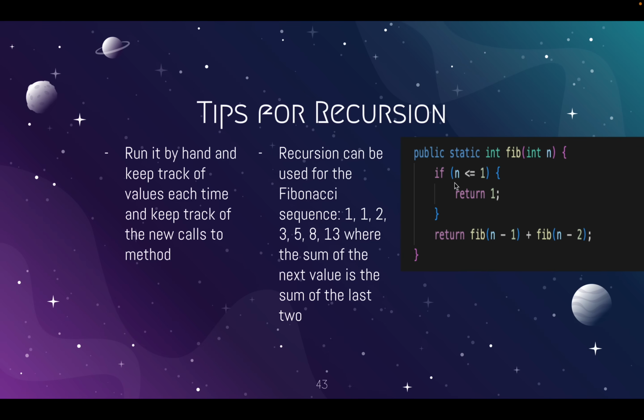So let's say we start off with 0. It'll return 1, so fib(0) is 1. Fib(1) is also 1. And fib(2) is fib(0) plus fib(1), which is 1 plus 1, which is 2. And this continues.